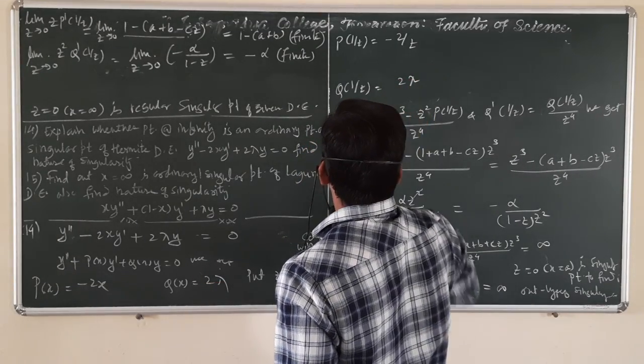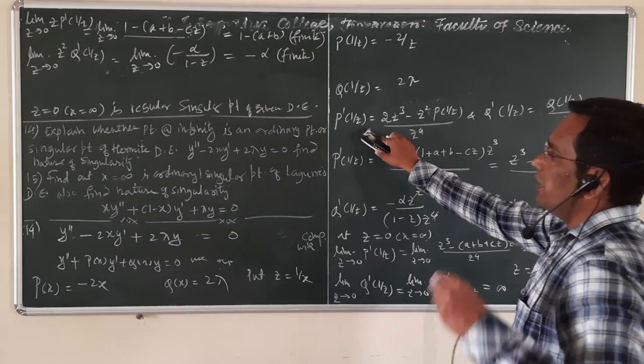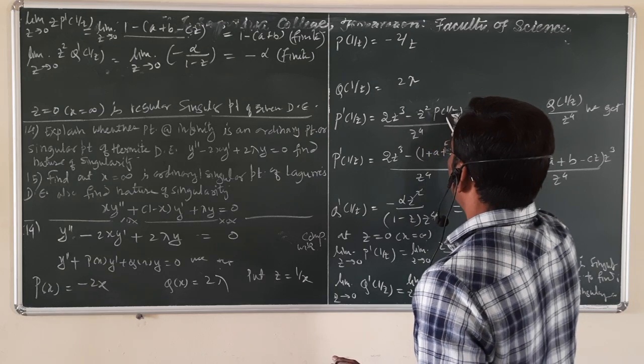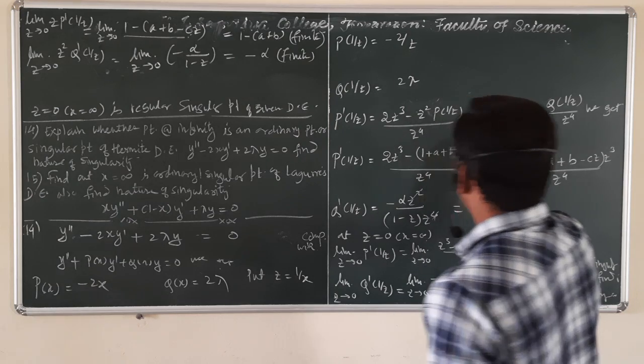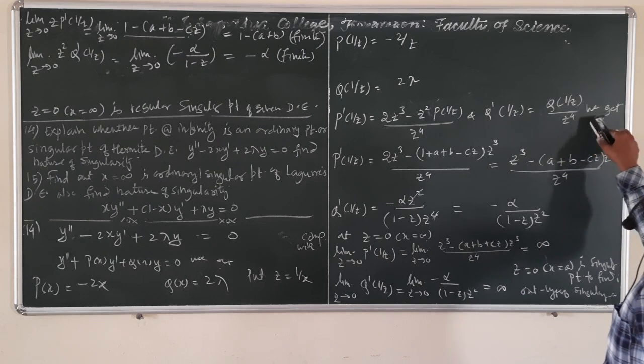lambda. Now p dash is what? 2z cube minus z square p of 1 upon z, z raised to 4, and q dash, which is q of 1 upon z and z raised to 4 we get.